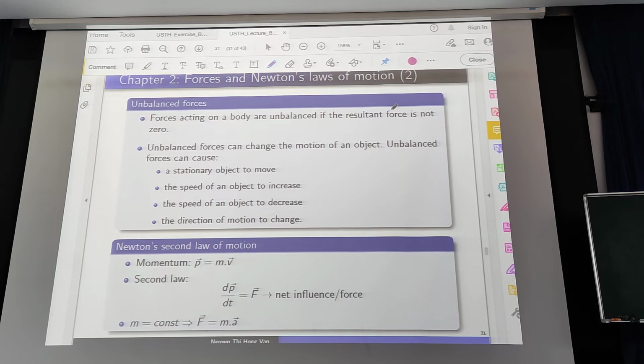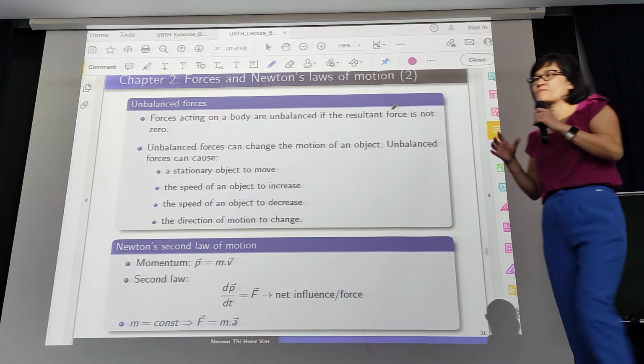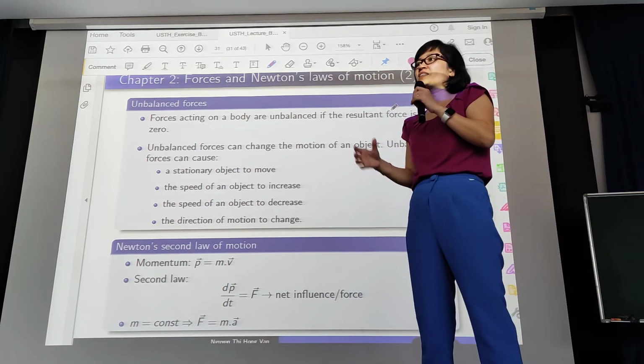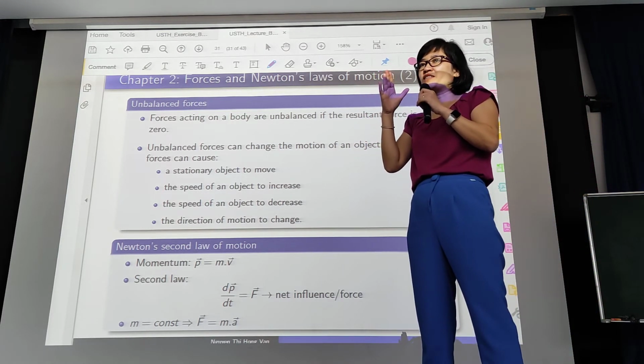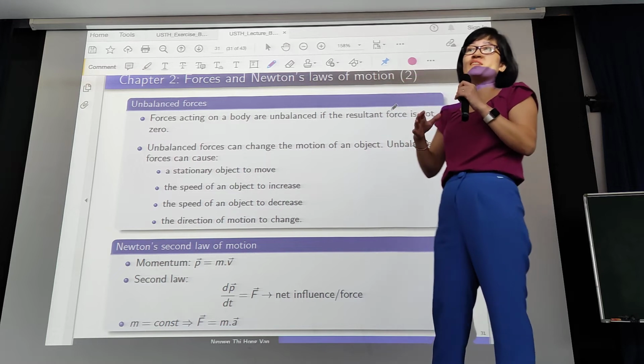So in the inertial frame, consider the case of an unbalanced force acting on the object. If the resultant force is not zero, okay? So you sum all the forces, at 1, at 2, at 3, at n, but the sum is not zero. So in this case, you say that a non-balanced force is acting on the object.